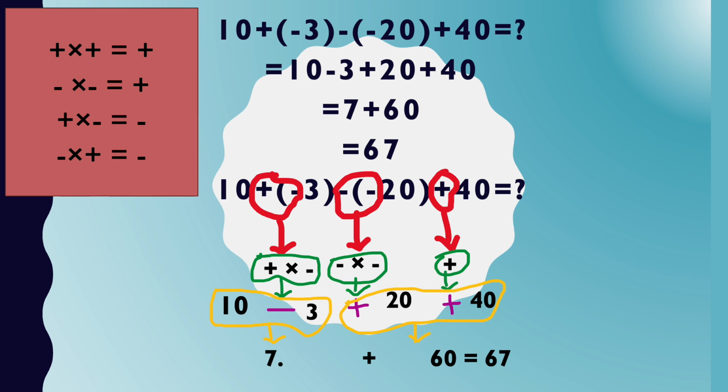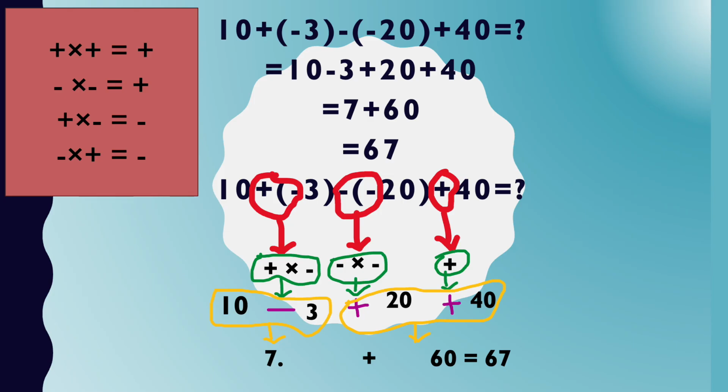Okay, let's see. First, I'm just going to take only the numbers out from this question. So I write here 10, 3, 20, 40. First I'm going to worry about only numbers. Second, I'm going to work on the signs.